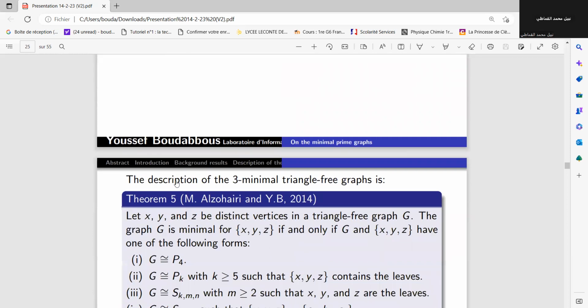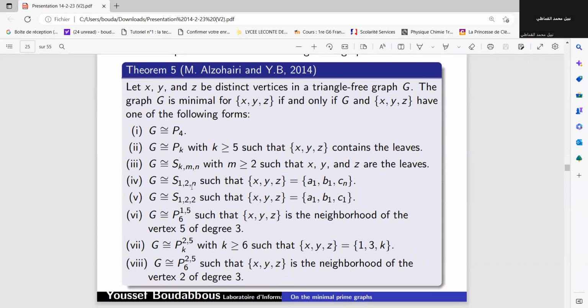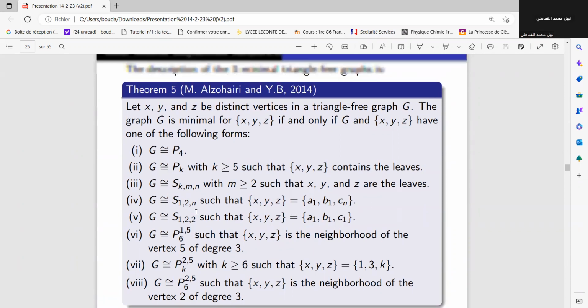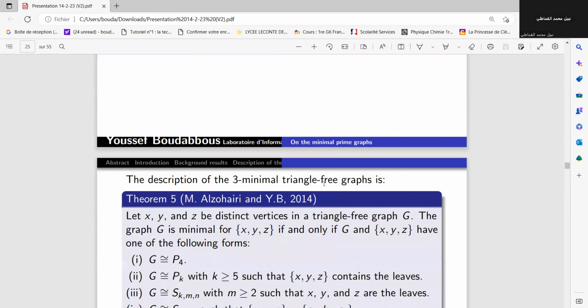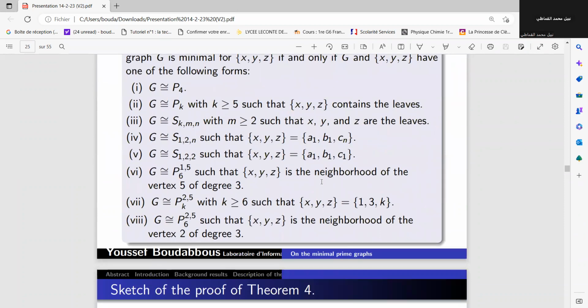Okay. S12N, here there is another position, not 3 leaves. Okay. S122 is a small solution. Okay. P615 small solution, but it is here. P615, K25 it is here. For any K here, it is not small. And P625. Thus there are 8 families.